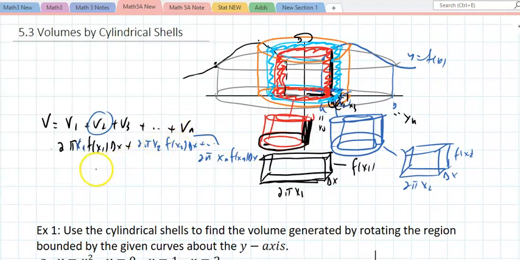So I would say the volume is roughly the series i equal 1 to n of 2 pi x sub i f of x sub i delta x.